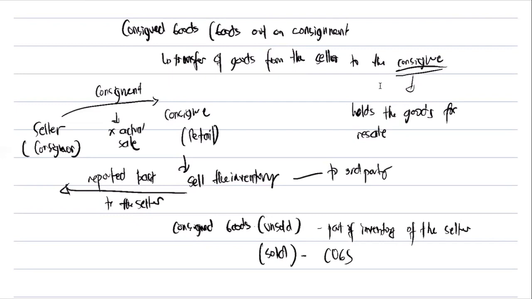So the consigned goods in that case are not owned by the consignee, SM, but are owned by the different brands. So by Old Navy, by Levi's, by Giordano, whatsoever.